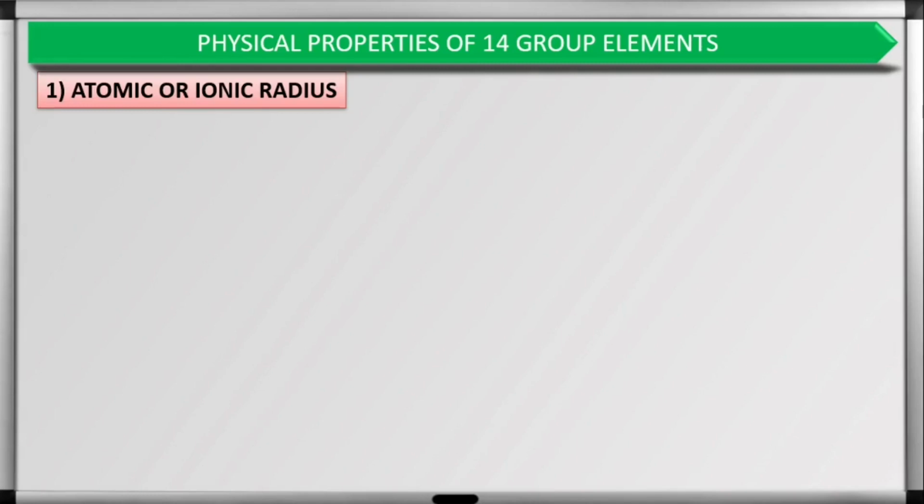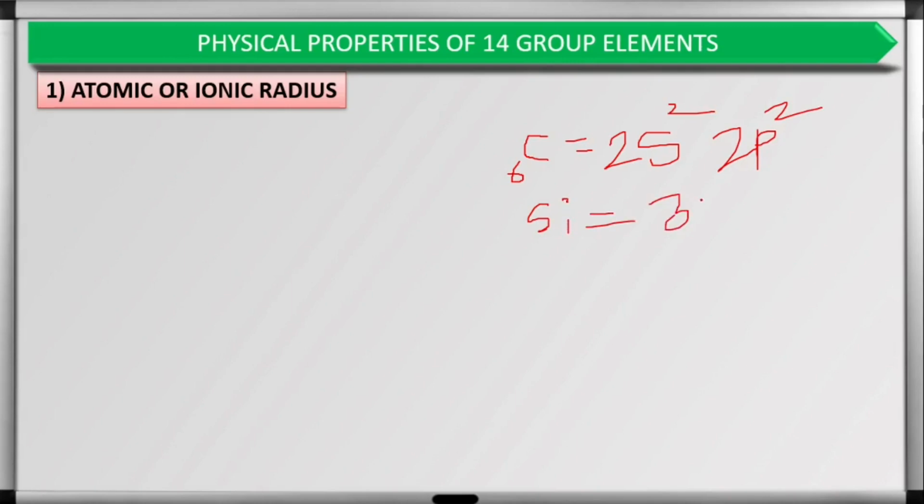So already we looked in the previous lecture at the electronic configuration. If you observe that, see here, suppose we take the example carbon, atomic number 6. Its outermost electronic configuration is 2s2 2p2, and silicon shows outermost electronic configuration 3s2 3p2.